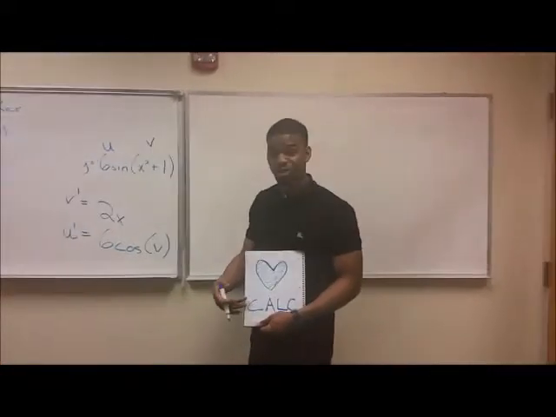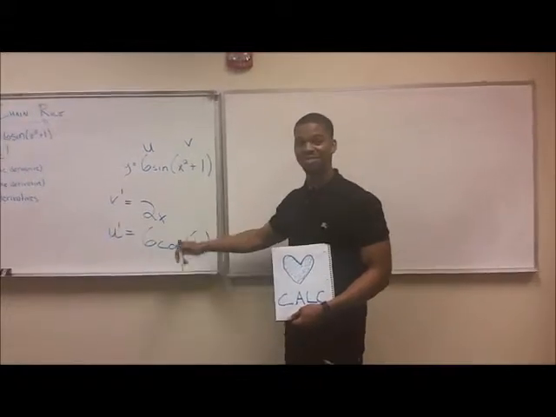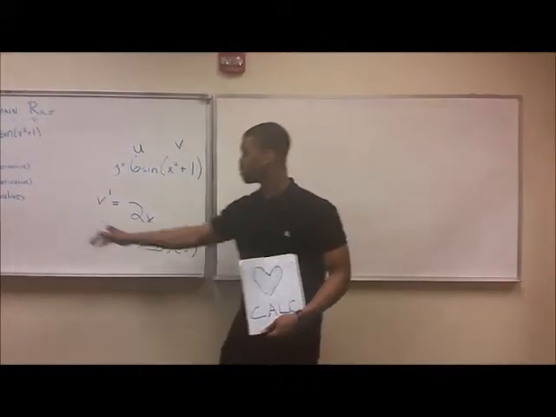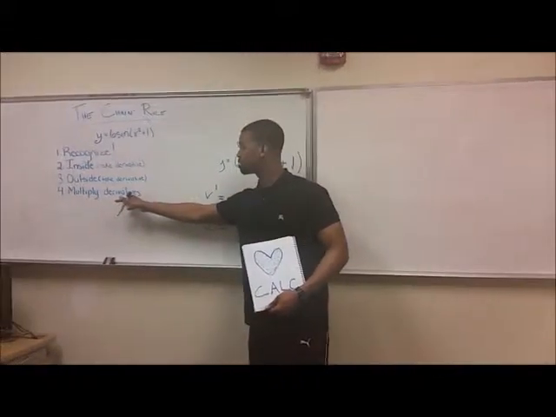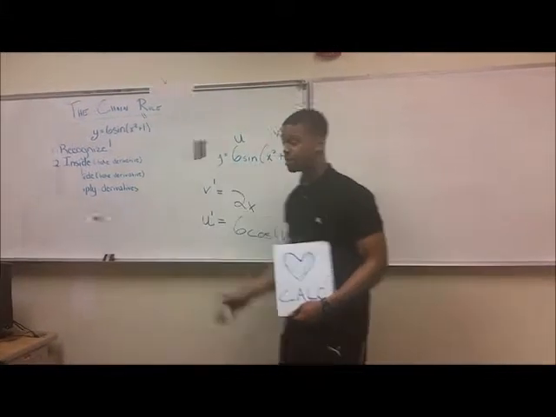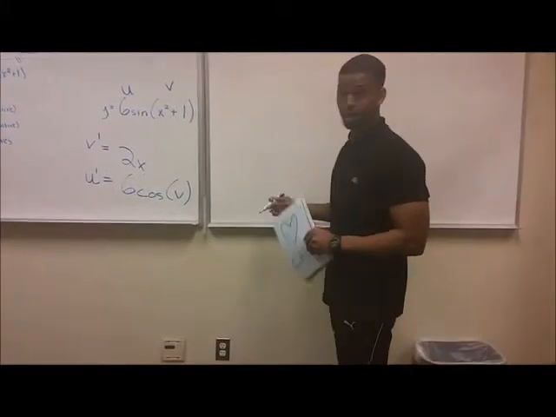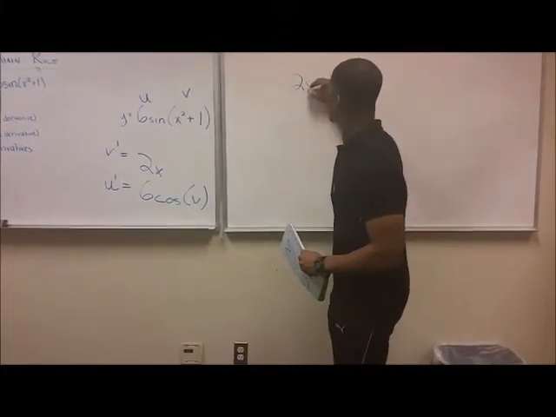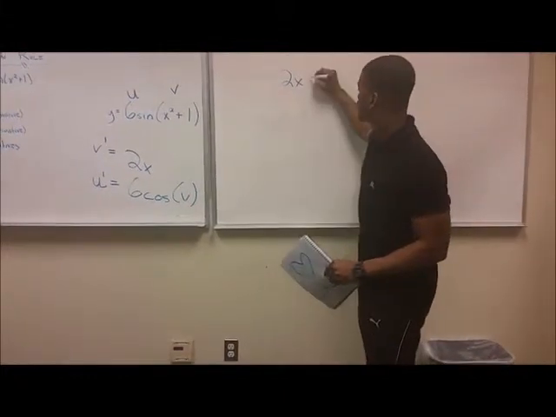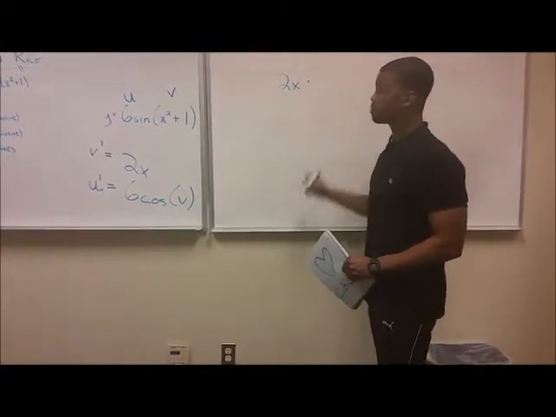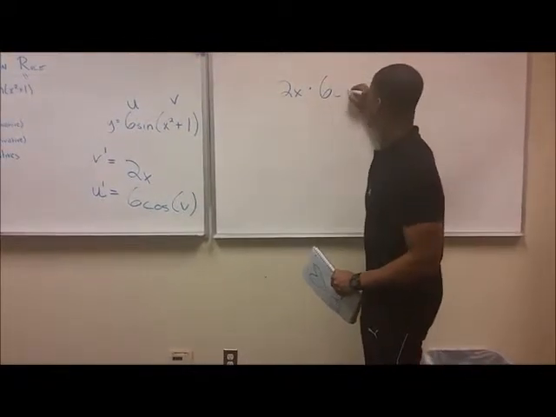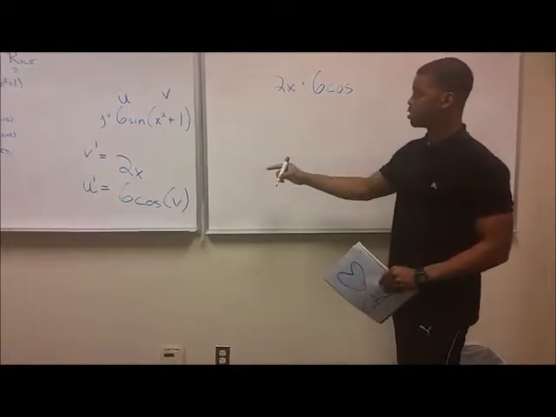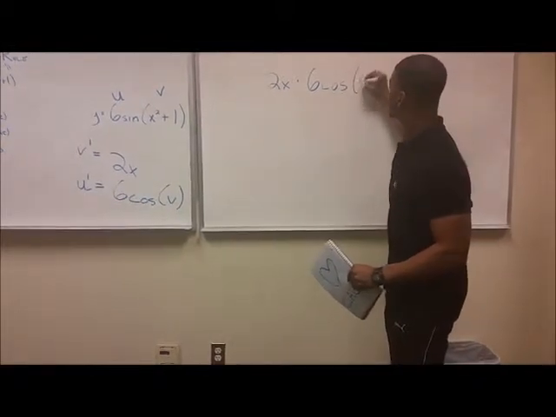All right. So now that we have the 2 derivatives right here, according to rule number 4, we have to multiply the derivatives together. And we're going to start off by writing down v prime. V prime was 2x, and u prime came out to 6 cosine with a v.